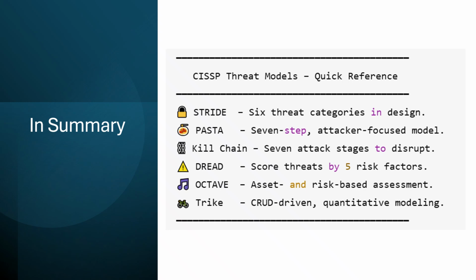The process typically includes defining assets, mapping data flows, evaluating threats, and determining risk levels to guide mitigation strategies. By integrating threat modeling into design, development, and operational phases, organizations can proactively reduce attack surfaces and align security measures with business goals.